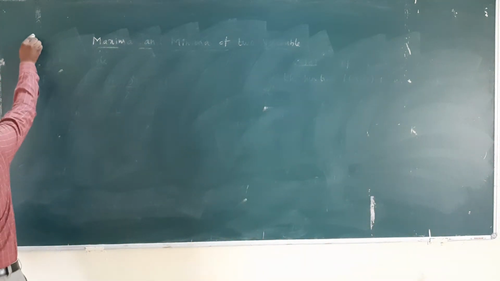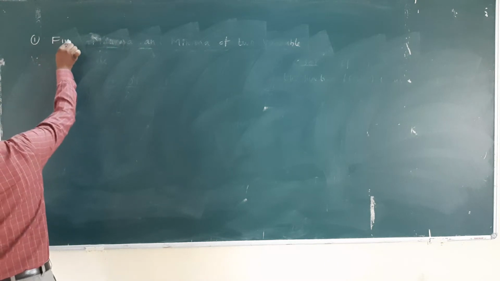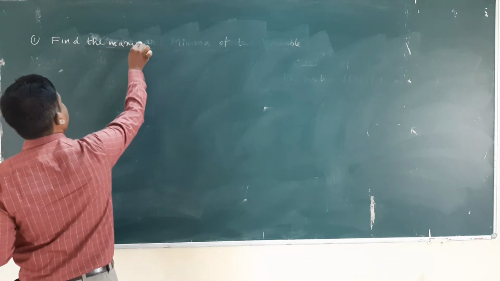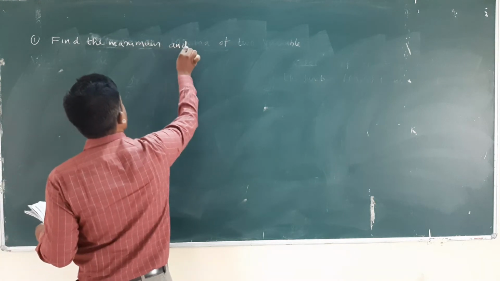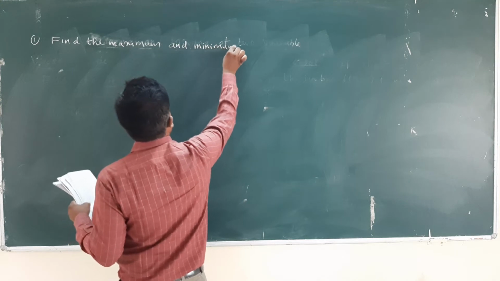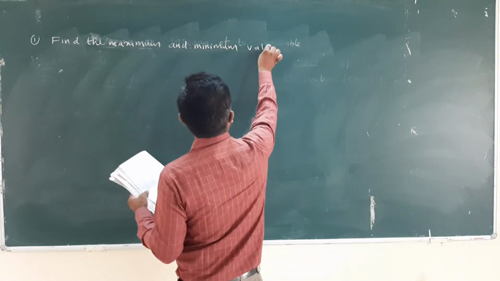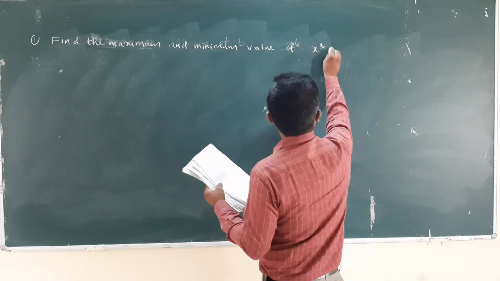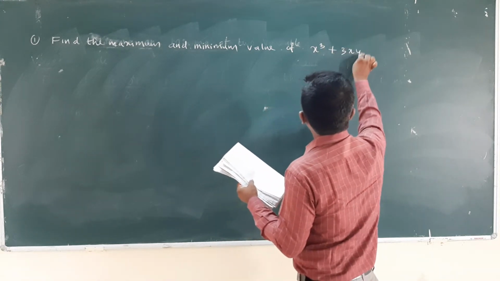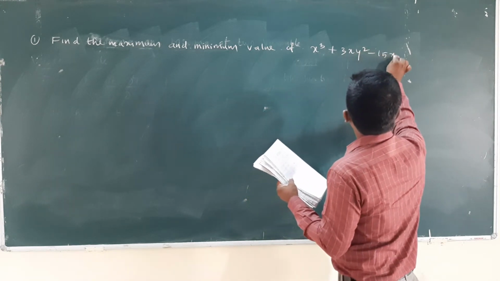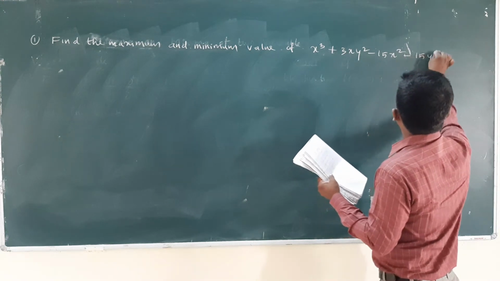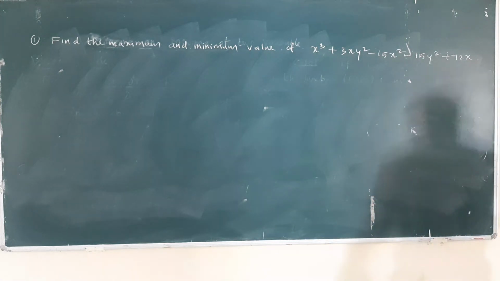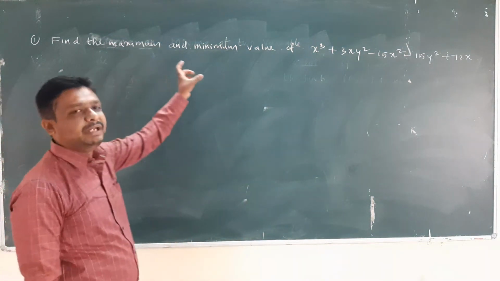Find the maximum and minimum value of x cube plus 3xy square minus 15x square minus 15y square plus 72x. So the question is like this: we have to find the maximum and minimum value.